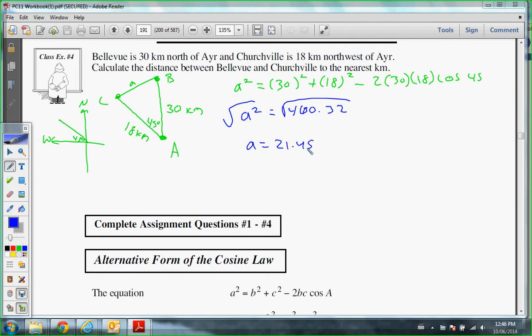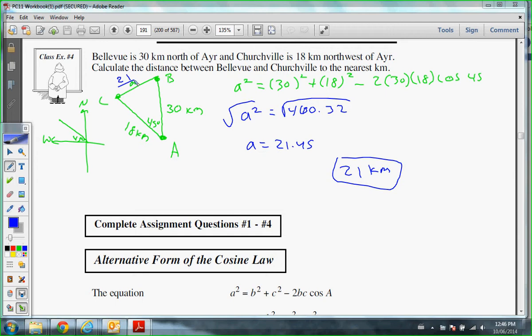It says round to the nearest kilometer, so that means we'd want 21 kilometers. So this distance up here is about 21 kilometers from Bellevue to Churchville. All right, so that's it for that one.